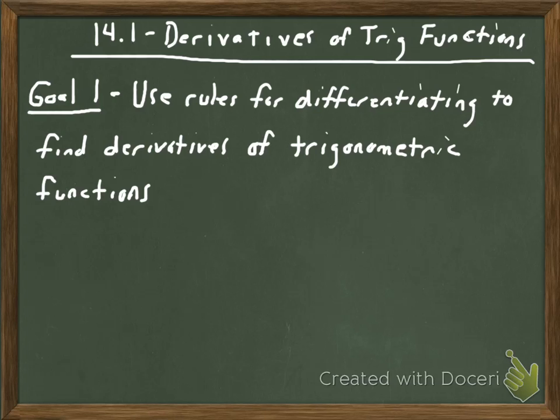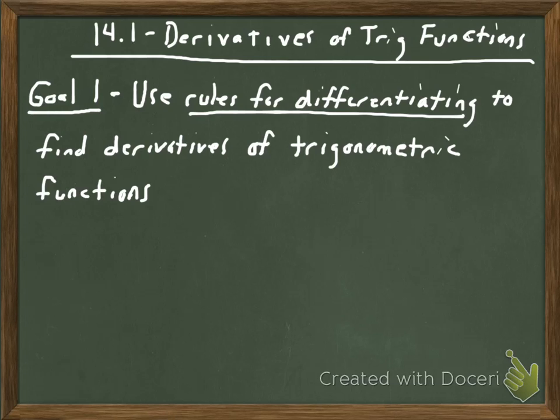The rules for differentiating that I'm talking about are things like the product rule, the quotient rule, the chain rule. All these things that we learned back in chapter 7 are going to come into play right now, except that we're going to be using them along with trigonometric functions.